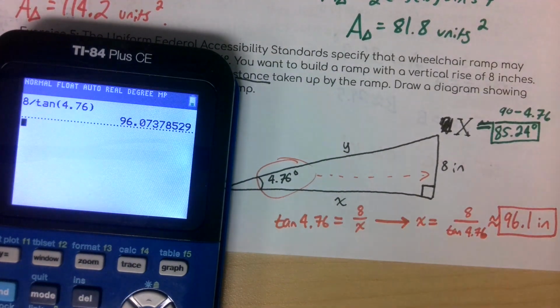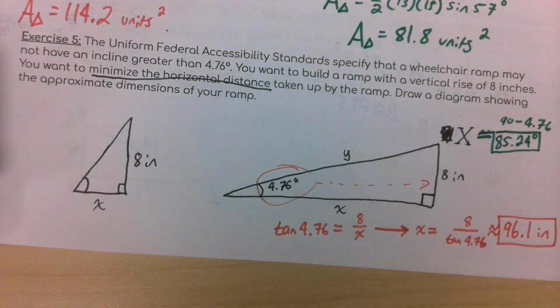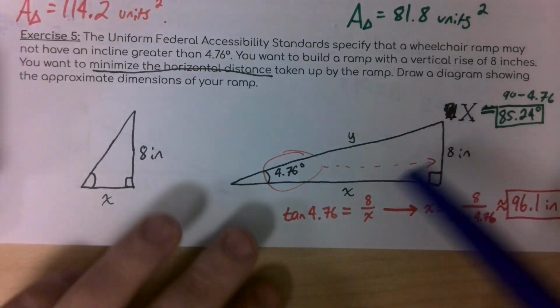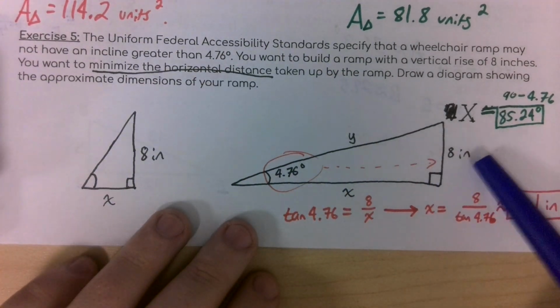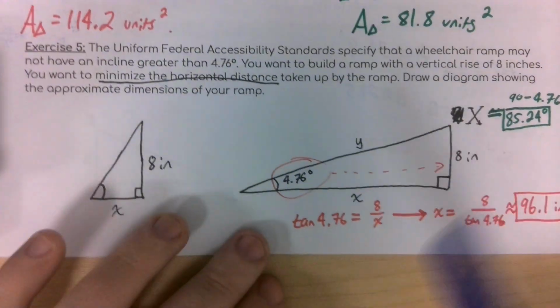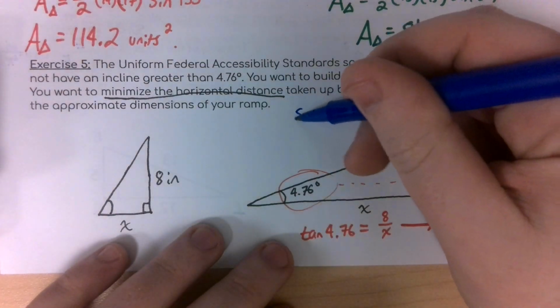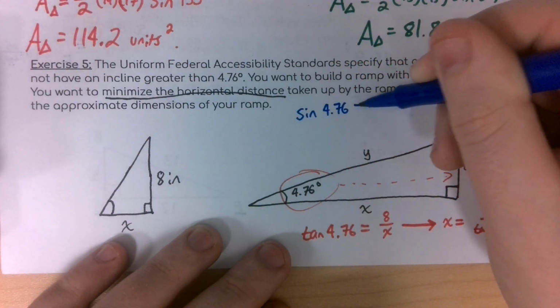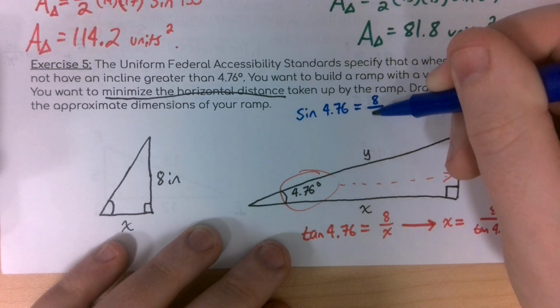To find y, we can set up another ratio. Just figure out which one to use. Since 8 is across from 4.76, it's the opposite, and y is our hypotenuse, so the sine ratio is one that uses the opposite over hypotenuse.